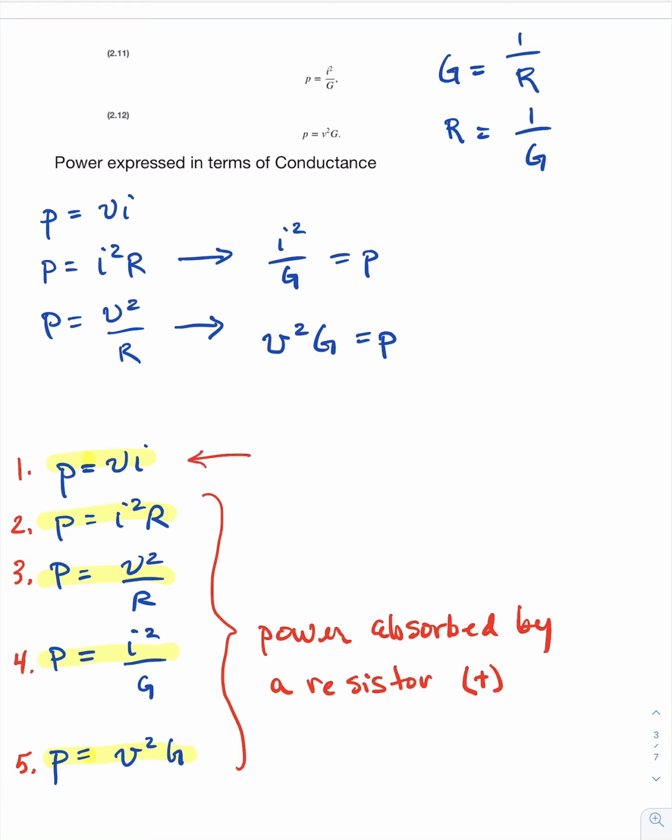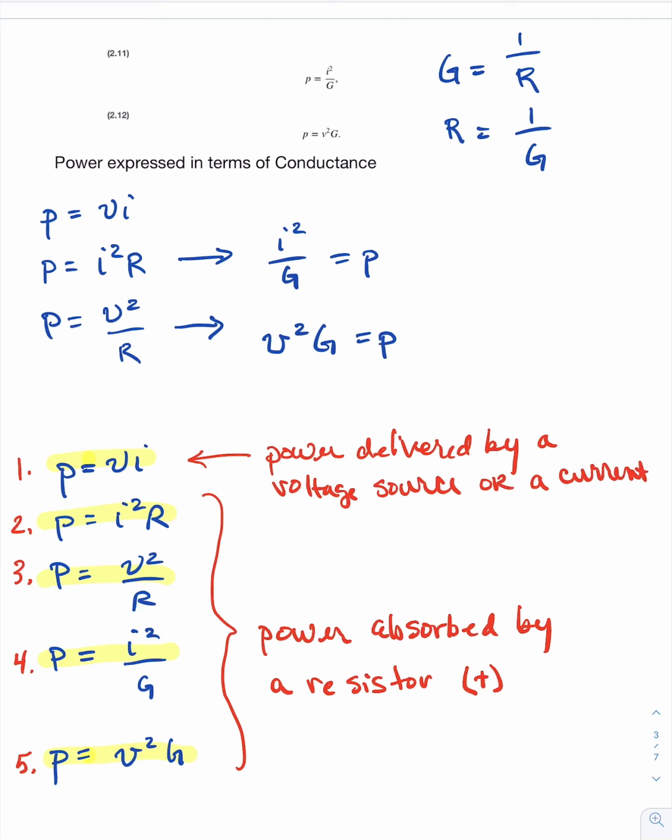This is an expression of power delivered by a voltage source or a current source. Okay, so since it's delivered by, we would expect that value to be negative.